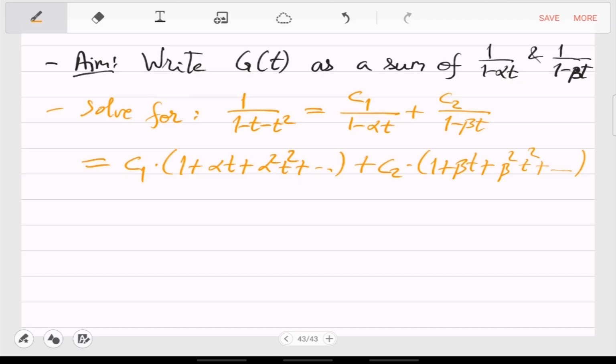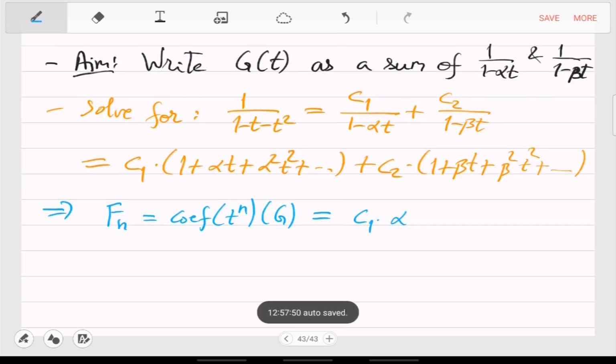And what is the coefficient of t raised to n now? Right, so now you can see directly that Fn, which is by definition the coefficient of t raised to n in G, is simply C1 alpha to the n plus C2 beta to the n. Is that clear?